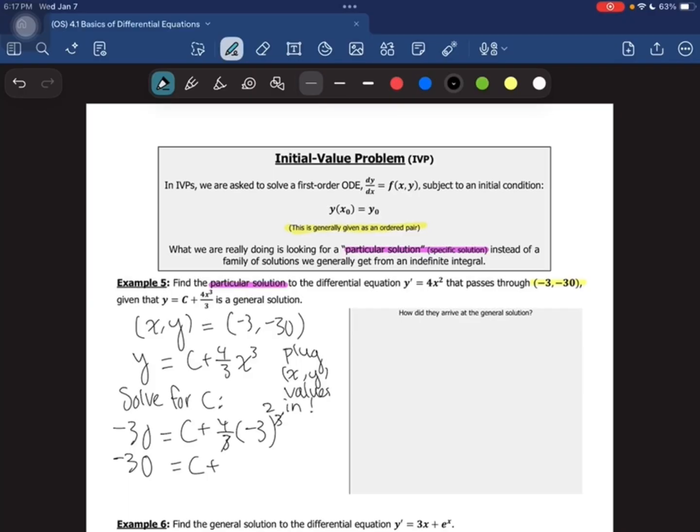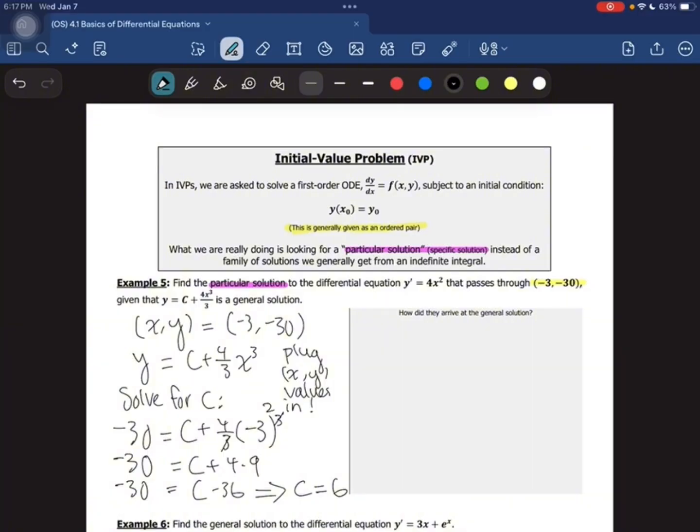So now we'll just have 4 times 9. And you'll have -30 equals c minus 36. You get that c equals 6.